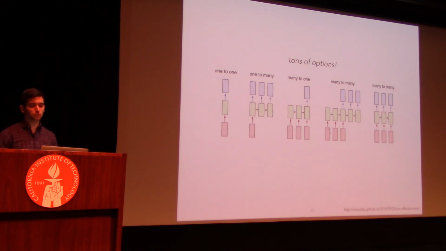I might do this kind of machine translation setup where I feed in an entire sequence, I get to the end, and then I say, okay, spit out the French equivalent of it. Or maybe I have this final scenario where now I want to classify part of speech, for instance, at each word in a sequence of text, and so I want to spit out a noun, verb, things like that.